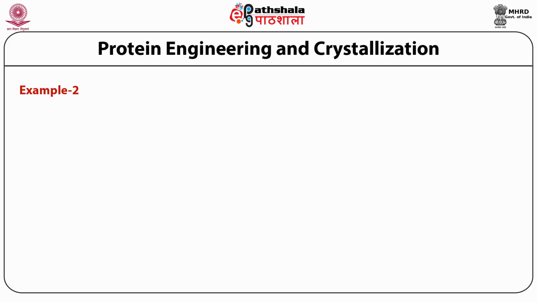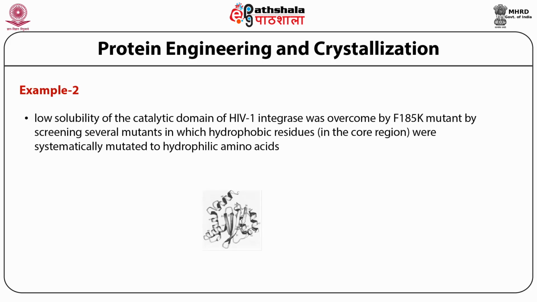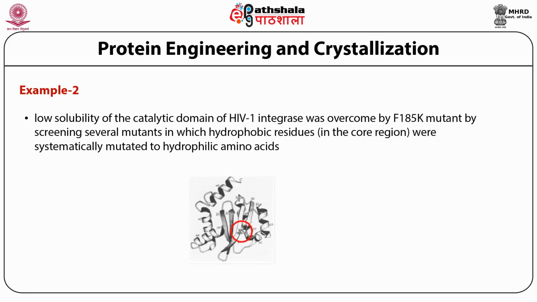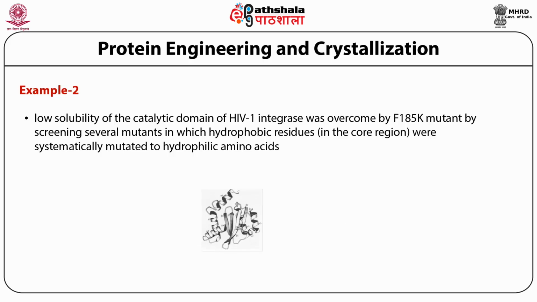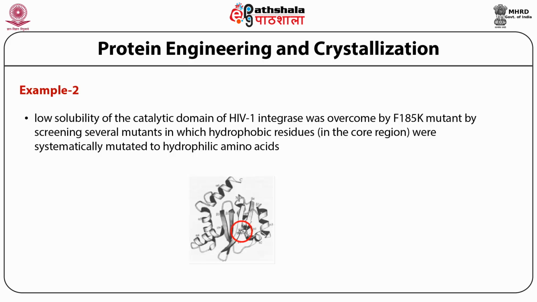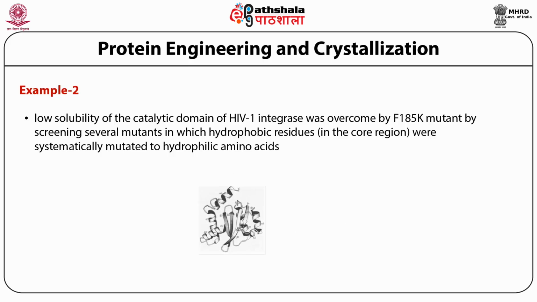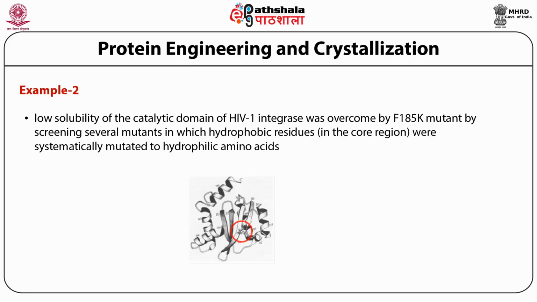Example 2. In this case, it is HIV-1 integrase, an enzyme from the HIV-1 virus. Here the problem is also the same. When this protein was to be crystallized, unfortunately the same problem was encountered, solubility. This protein could not be concentrated beyond 4 or 5 milligram per ml.